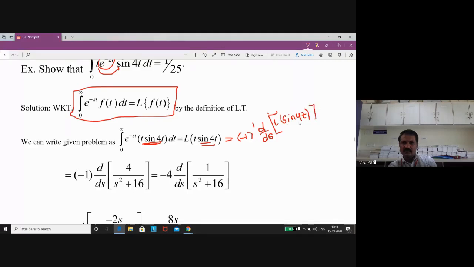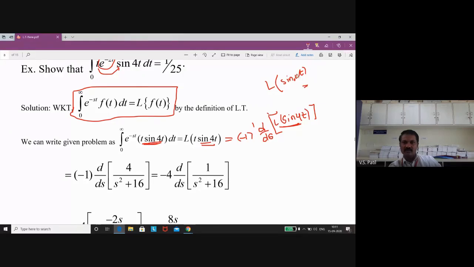Now, what is the Laplace transform of sine 4t? 4 divided by s square plus 16, isn't it? The Laplace transform of sine a t is what?